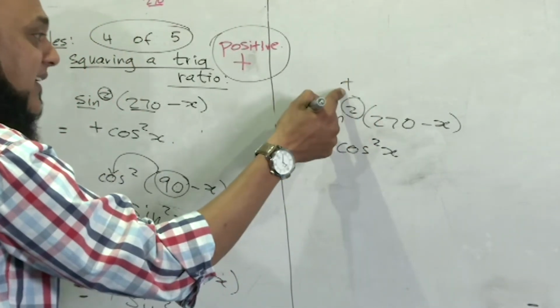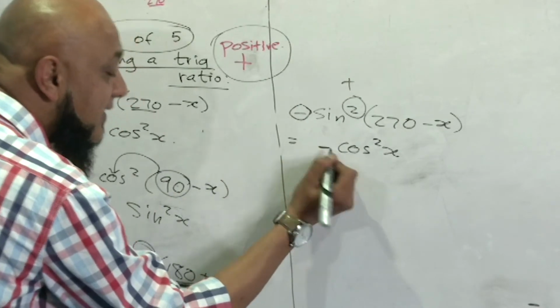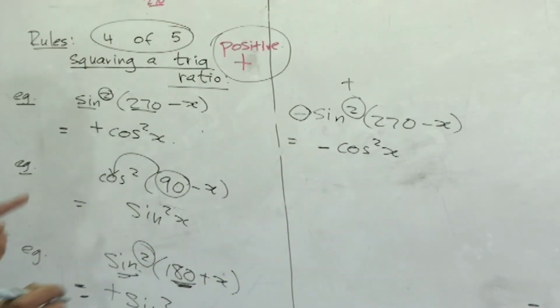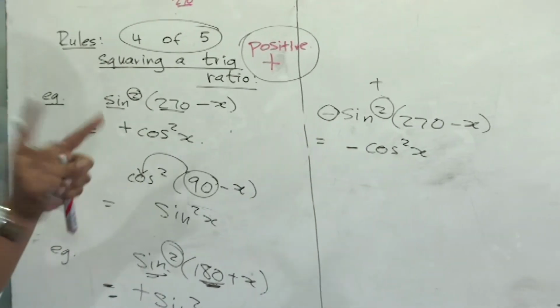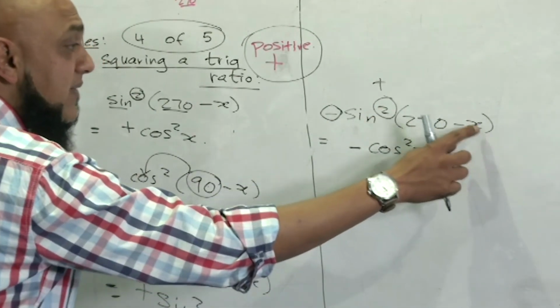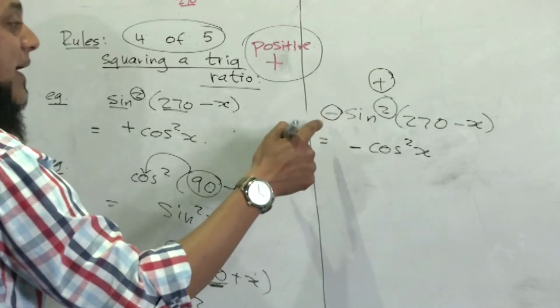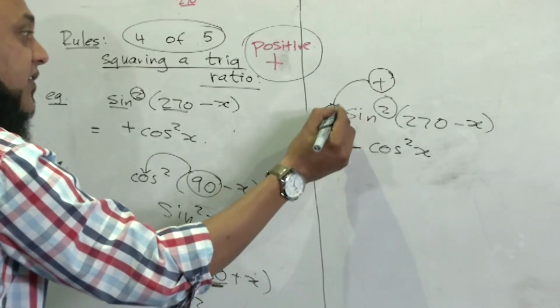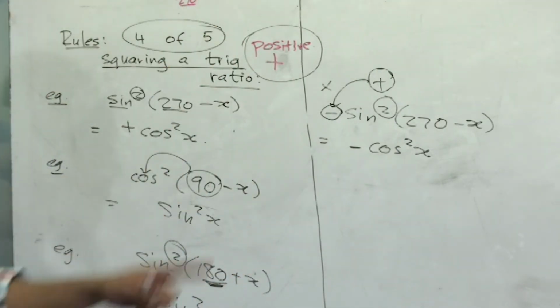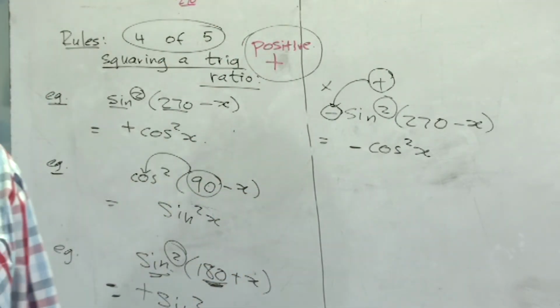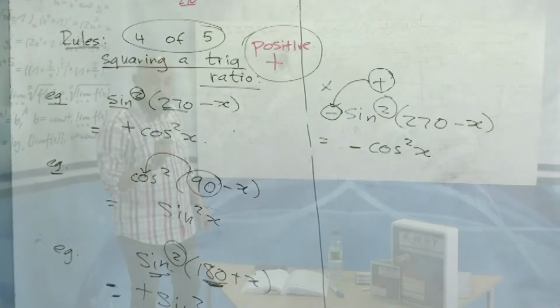Now the positive times the negative will make this negative. So please be careful. This one and that one are not the same. Sine squared 270 minus x is positive, but there's a negative given in the question. So a positive times a negative will make it negative. So your answer there would be minus cos squared x, not positive cos squared x.